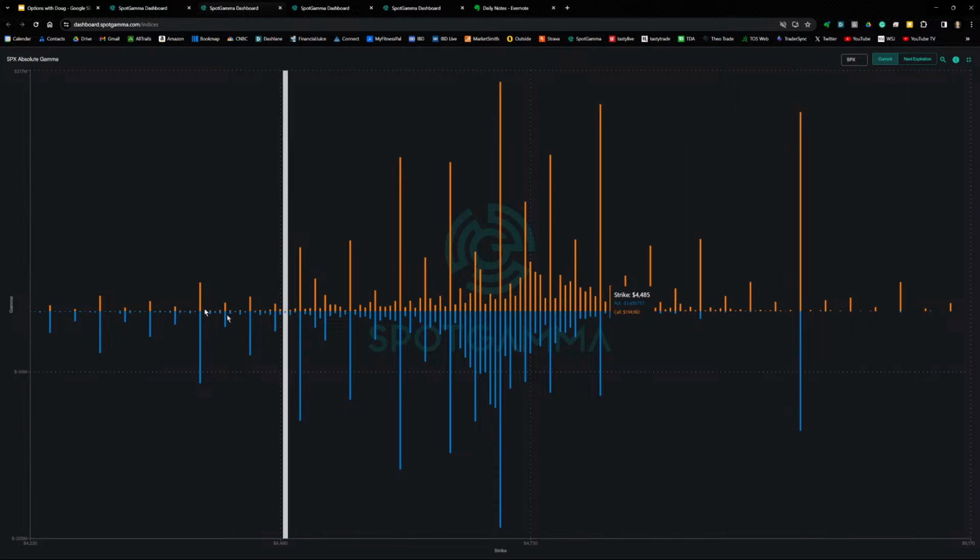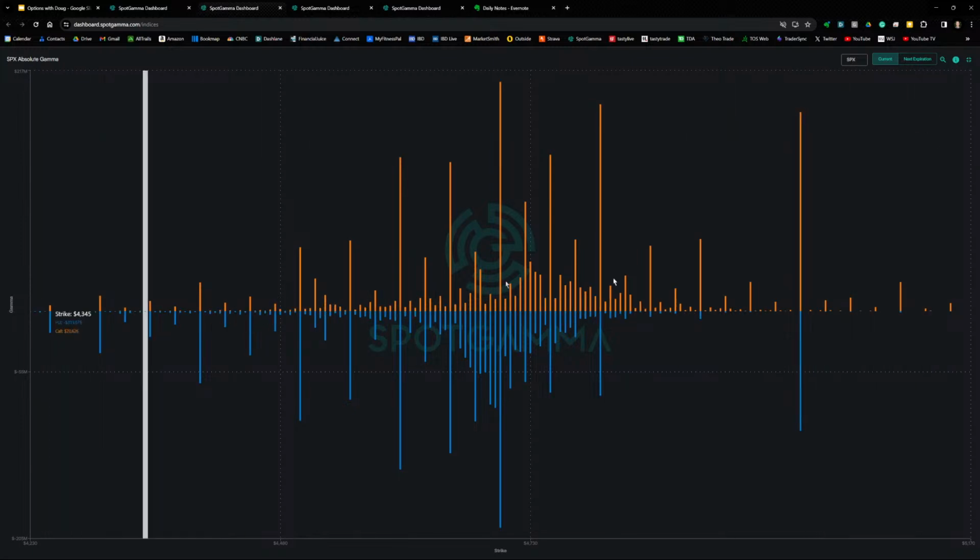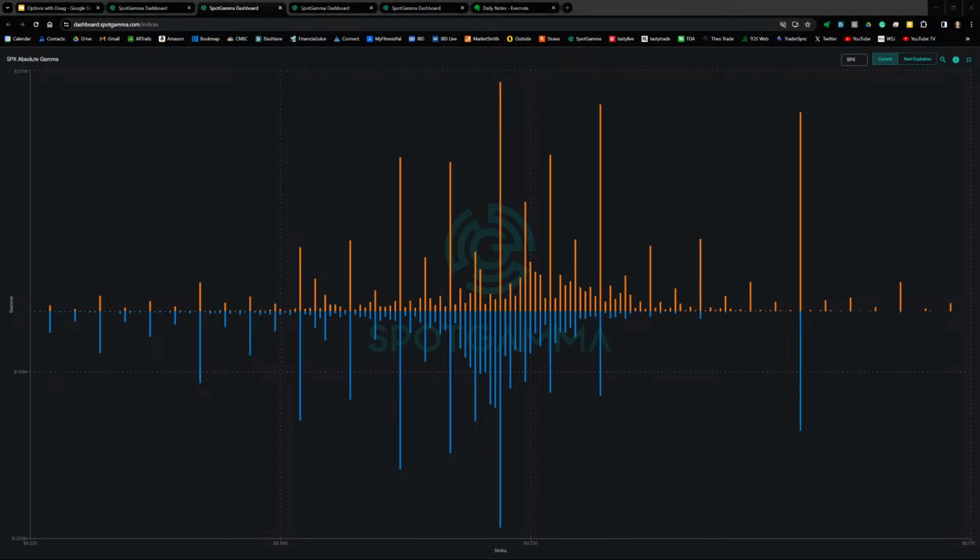So this chart is showing gamma notional, market makers' gamma notional. The orange bar is showing positive gamma, call gamma, and the blue bar is showing put gamma or negative gamma.